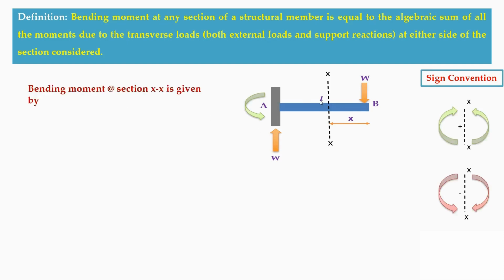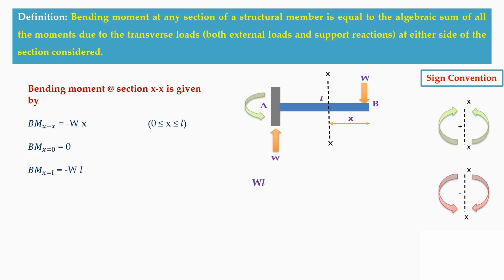Now when we write a bending moment at this section, towards the right hand side, your W is in the downward direction towards the section, and it is also in the clockwise direction. Therefore, it is negative: minus W into X. And the limit here is 0 to L. So at X equal to 0, the moment is 0, and at X equal to L, your moment will be negative WL.